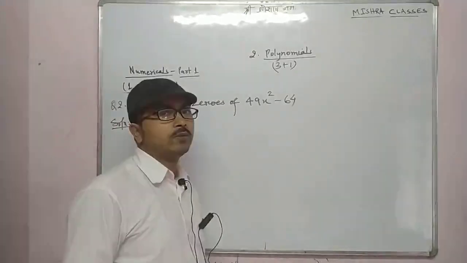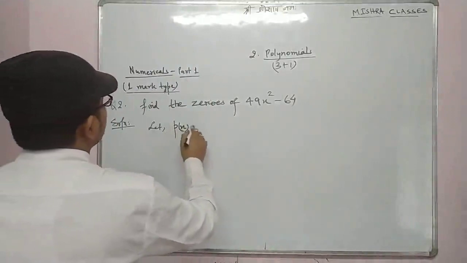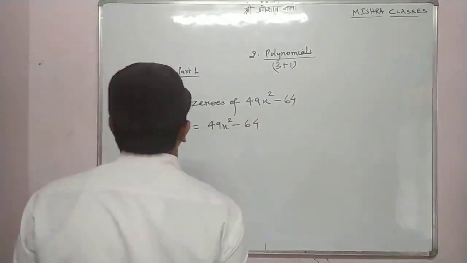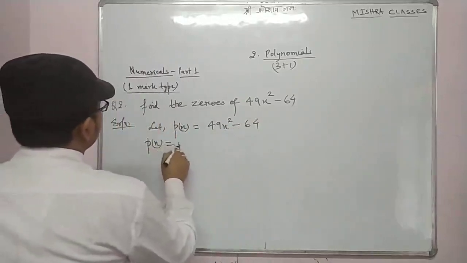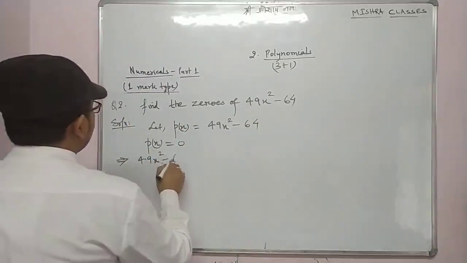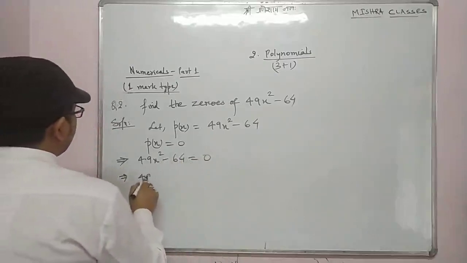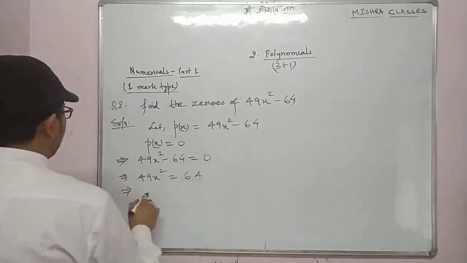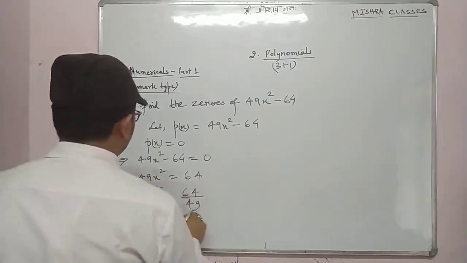Solution: let p(x) equal to 49x square minus 64. So how do we solve it? p(x) equal to 0 implies 49x square minus 64 equal to 0, which implies 49x square equal to 64, which implies x square equal to 64 by 49.